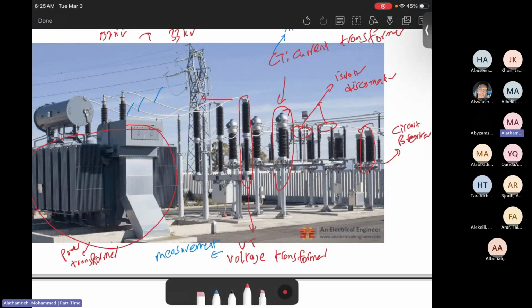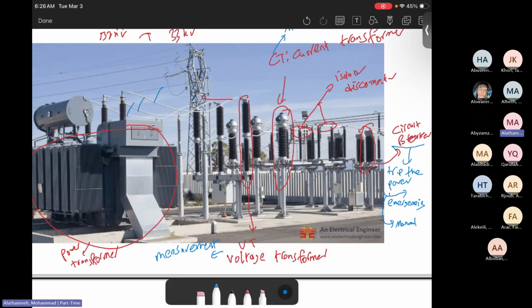So what's the purpose of the circuit breaker and what's the purpose of the isolator? Basically, the circuit breaker is used to trip or disconnect the power, in case of faults or emergencies, or manually if we need to do maintenance.